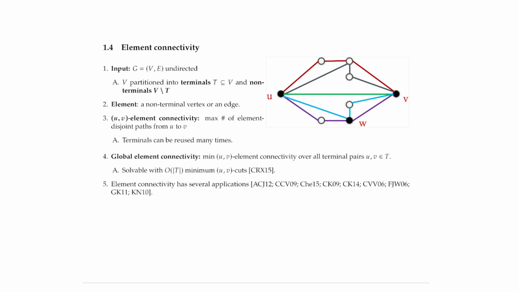You can solve this, of course, by trying all pairs, but you can actually do better, in roughly the number of terminals, that many min cuts. Element connectivity, for those who are interested, has a lot of interesting applications in network design and elsewhere.